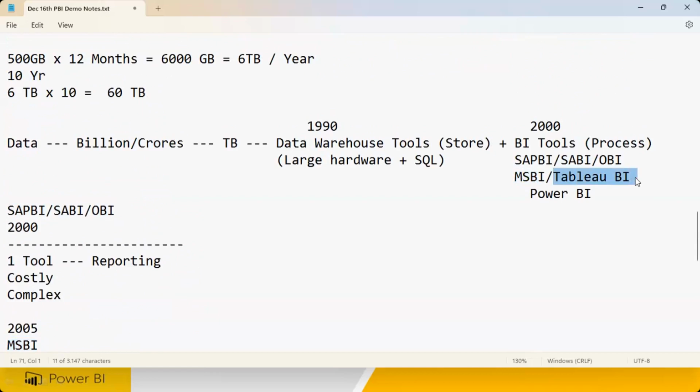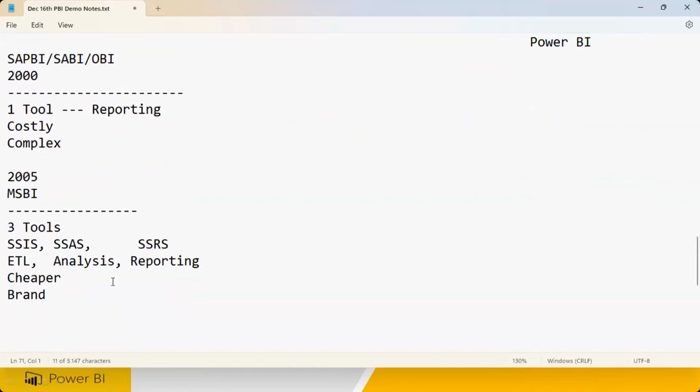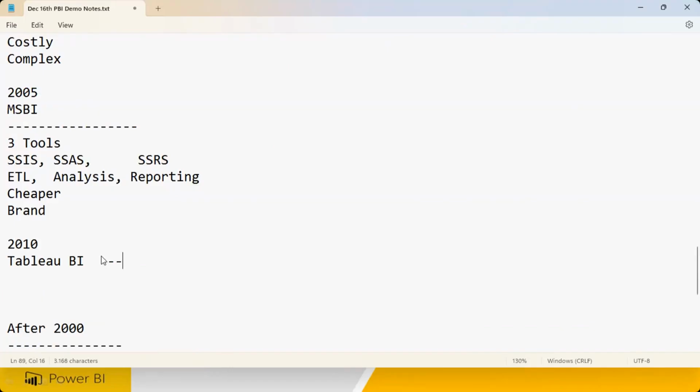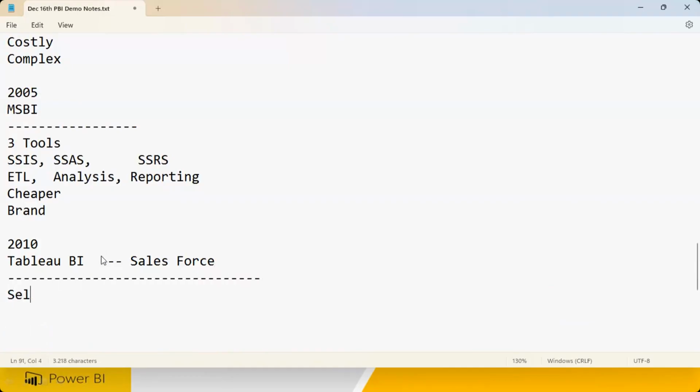Tableau BI was released into the market in 2010. Tableau BI was released by which company? A company later acquired by Salesforce. They told us it is a self-service BI tool.